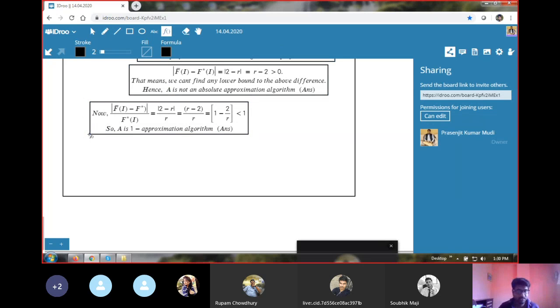Now the third case: let's check whether algorithm A is an epsilon approximation algorithm or not.